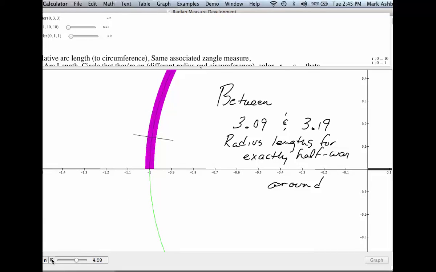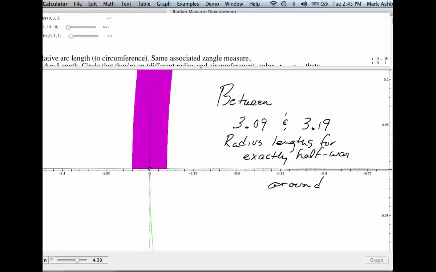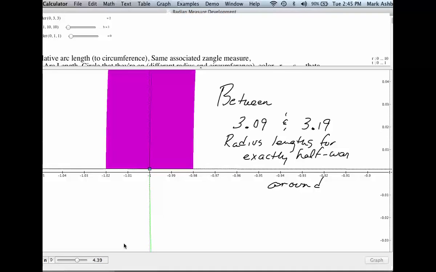Oh, that's not what I wanted. Gee whiz. I wanted this. Did we make it? 3.14. I can't get rid of it. Okay, anyway. So, was it enough? It doesn't make it far enough. It's a little bit more than 3.14.